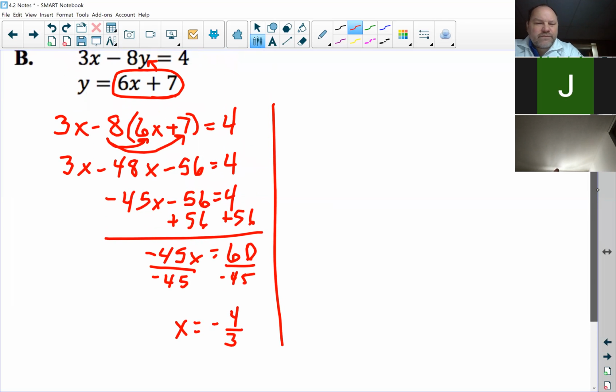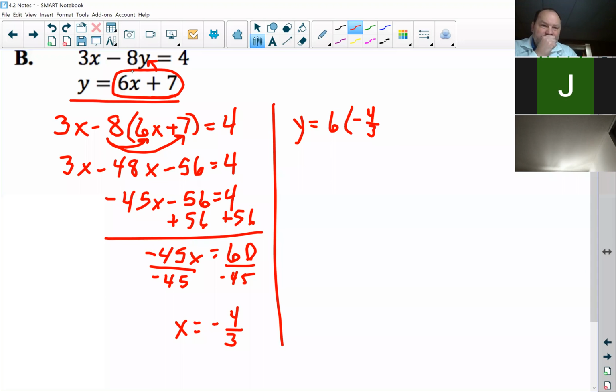So now I need to find my y value. Again, I would plug into the second equation because it's already solved for y. You don't have to. You could certainly plug it into the first equation and that would work fine.